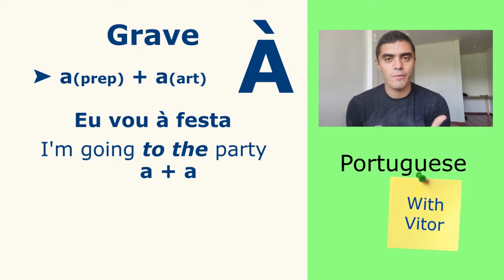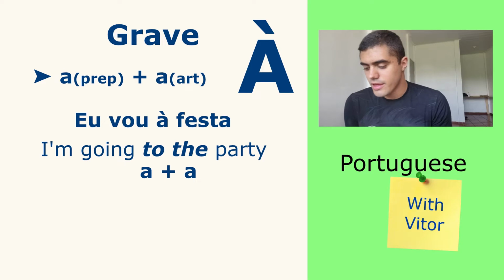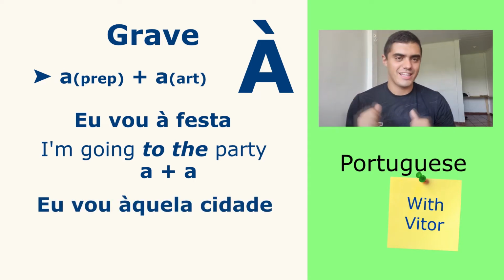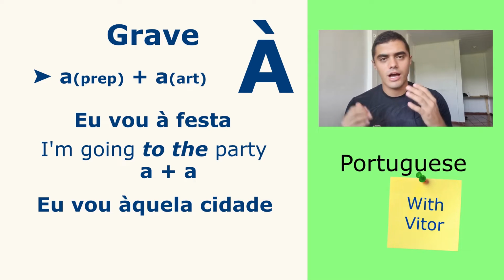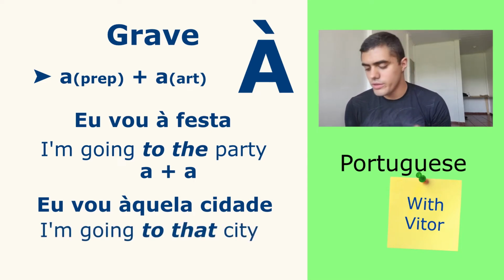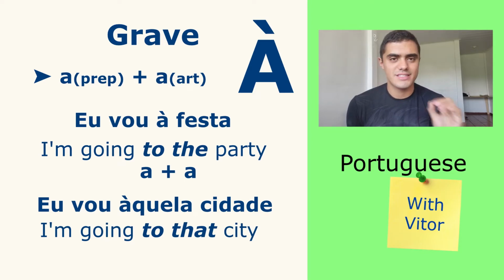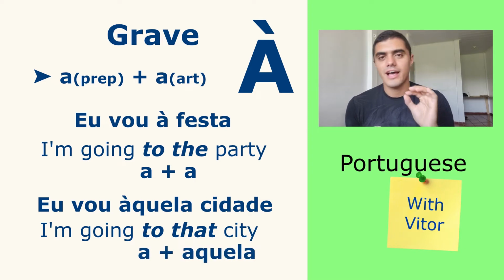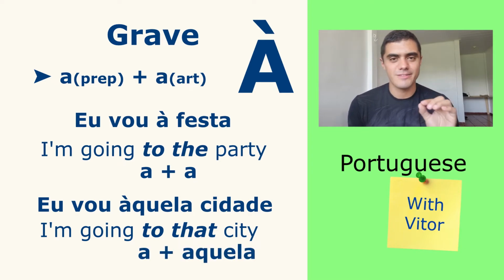It's very simple. I don't know why people make mistakes, but it's very simple. Another example would be eu vou àquela cidade. I'm going to that city. So in this case, to means a, and that means aquela.